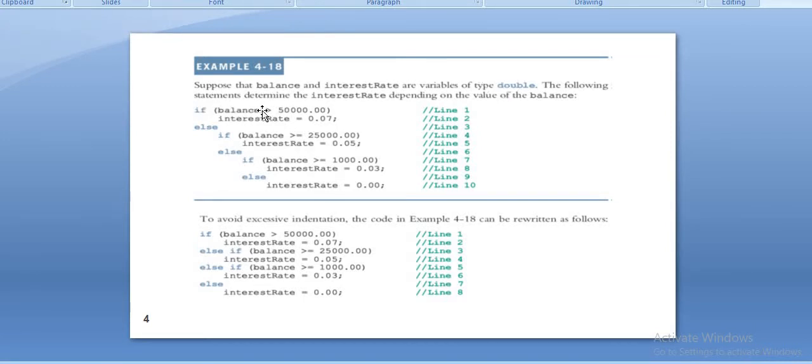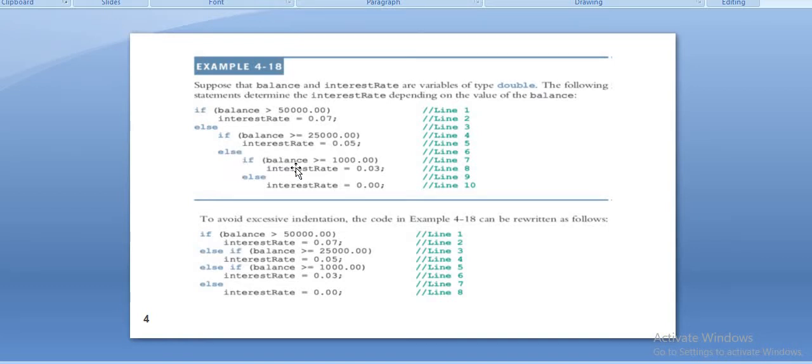So if the balance is greater than 50,000 rupees, if some employee has more than 50,000 balance in his or her account, then the interest rate given to them is 0.07. Else if balance is greater than or equal to 25,000 rupees, then the interest rate will be 0.05.